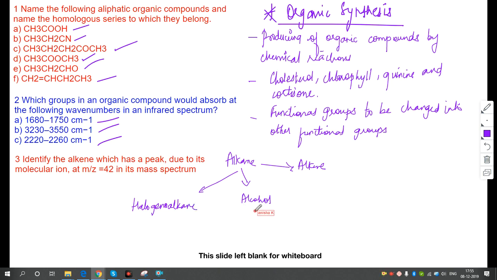From this alcohol, I can modify it into an aldehyde, and this aldehyde I can convert into a carboxylic acid. So this continues. From a simple one, we get many links like this, from one functional group to another. Organic compounds undergo this change.